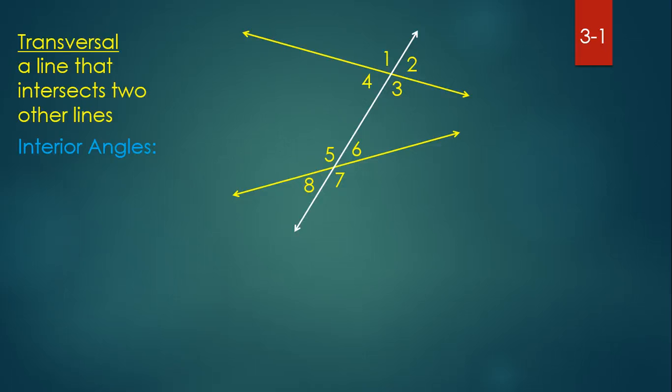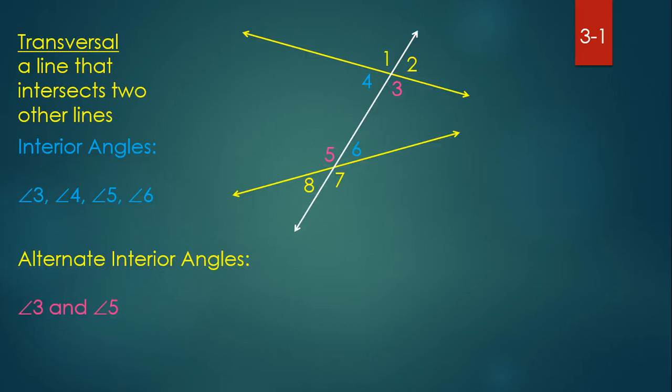The interior angles are the angles that are inside the two lines that are cut by the transversal. So in this case, angles 3, 4, 5, and 6 would be called interior angles. Now we can get a little more specific with the interior angles and talk about alternate interior angles.